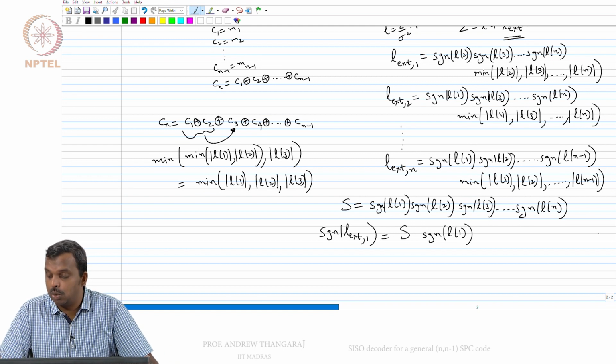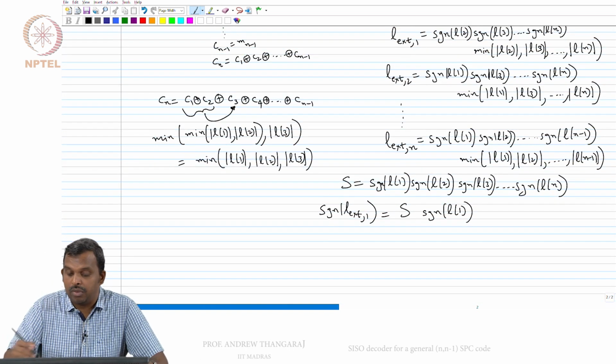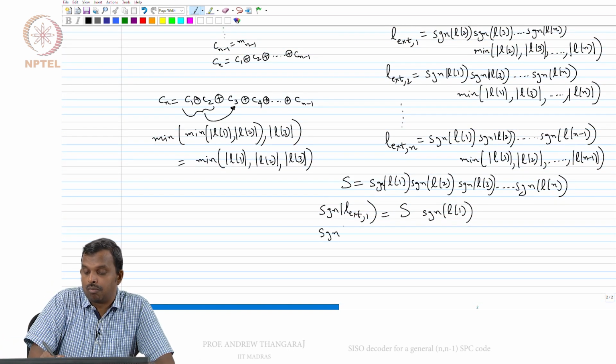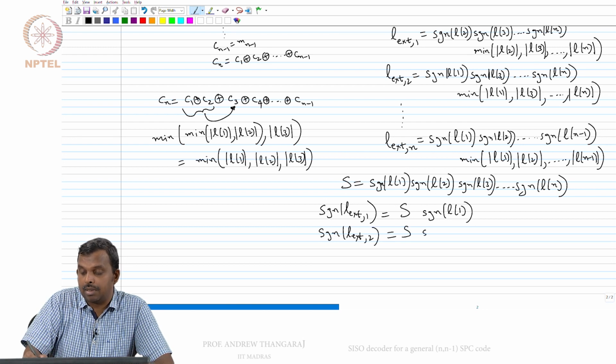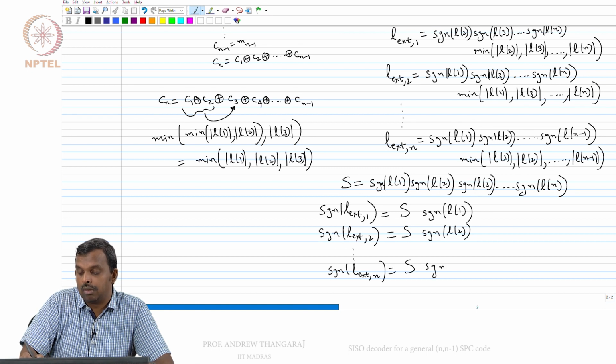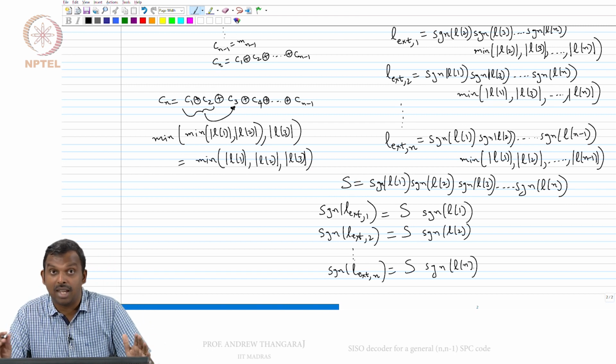Now, this is actually true for every sign. So, in fact, sign of Lx2 is simply s times sign of L2 and so on. Sign of Lxn is s times sign of L of n. So, this is easy enough, the sign is taken care of.